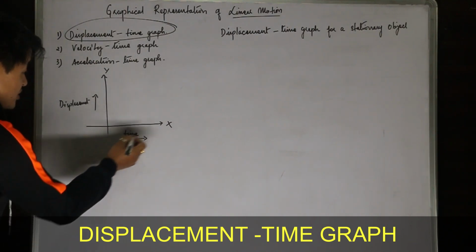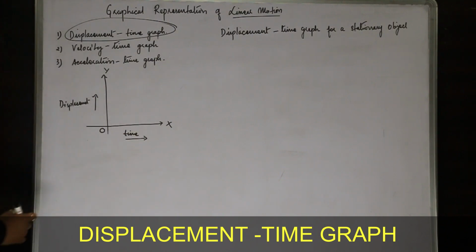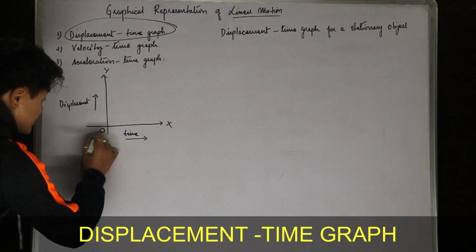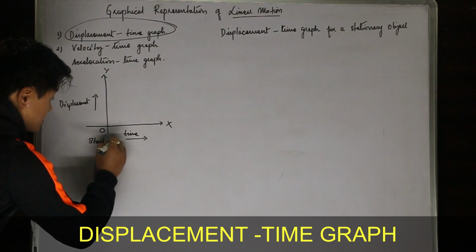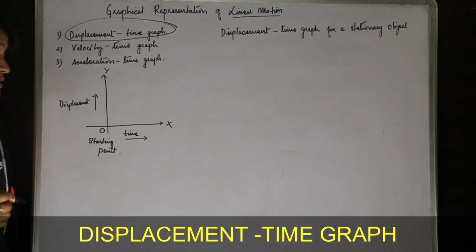The point of intersection of these two lines, O, we call the origin. Here we can consider it as the starting point.